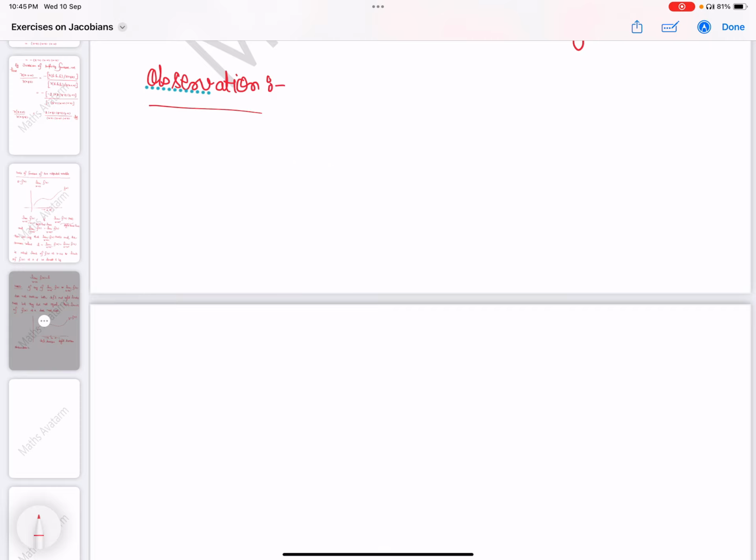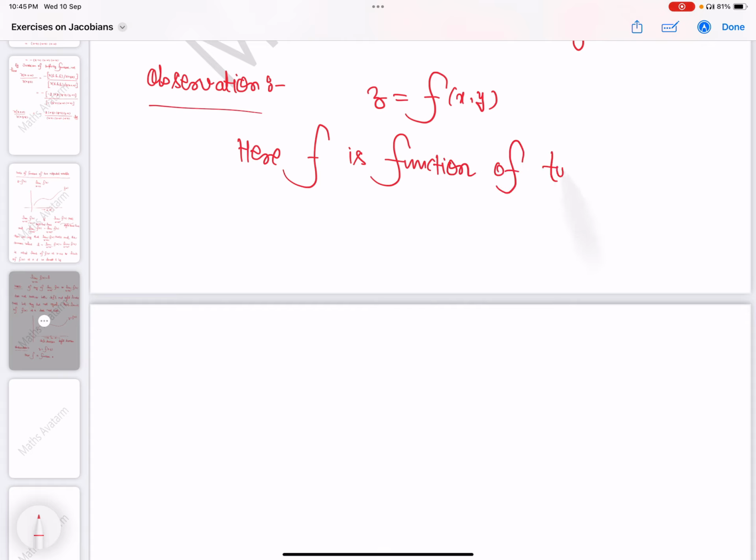Observe the thing, because we have a function, let z is equal to f(x, y). Here f is a function of two independent variables x and y.